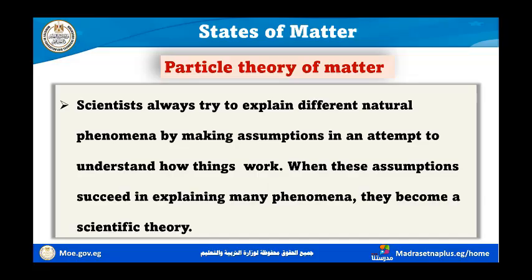A theory means that the scientist explains a phenomenon by making an assumption and tries to prove this assumption, and when the assumption succeeds, it becomes a scientific theory. So this is how the scientific theory is made up.